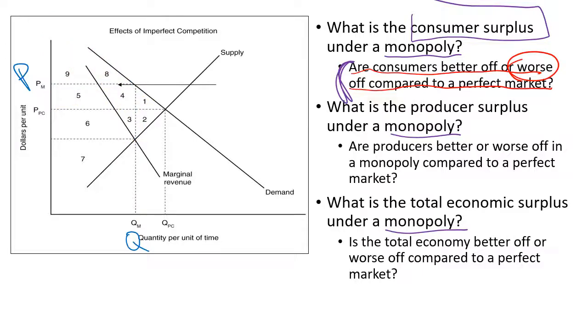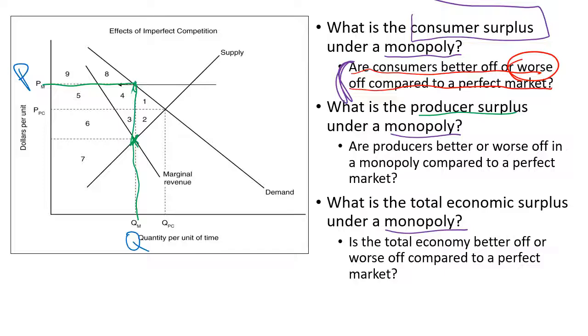So what is the producer surplus underneath a monopoly? Okay, so again, we set our quantity where supply equals the marginal revenue, and we follow that up to the demand curve and over to figure out our price.